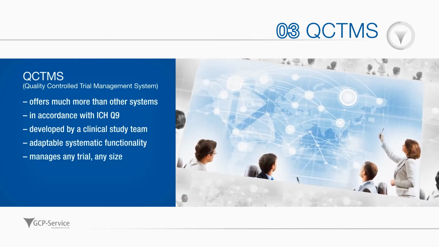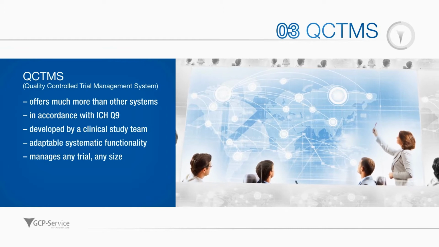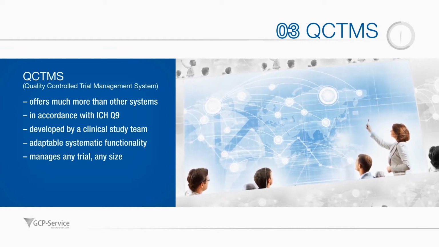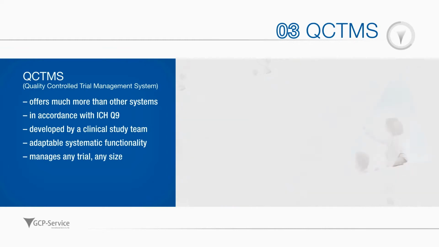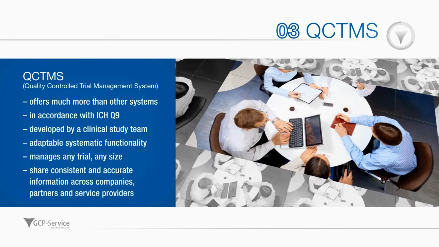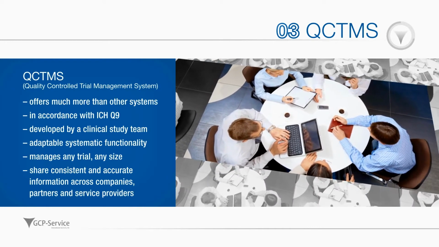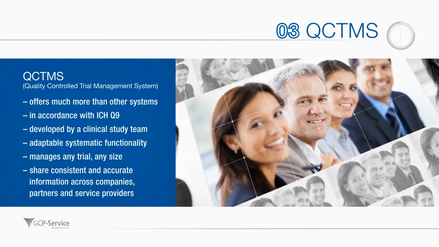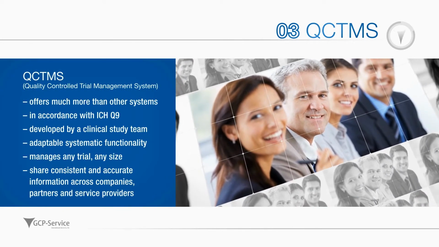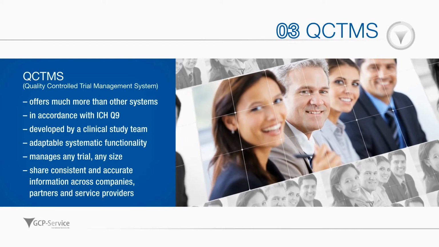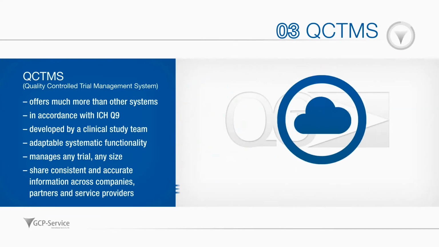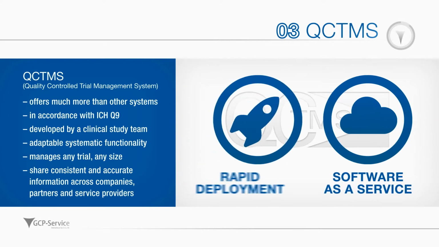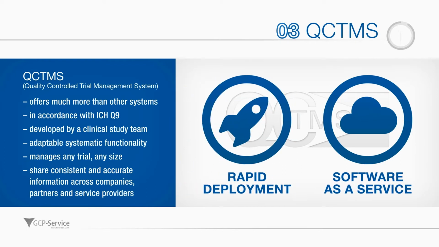The system is capable of managing any trial regardless of its complexity and supports organizations of any size and global reach. Containing all operational trial data, Qctms allows consistent and accurate information to be shared across companies, partners, and service providers, thereby facilitating timely and informed decision-making. Qctms is available as an on-demand software-as-a-service application, enabling customers to enjoy rapid and flexible deployment of our clinical trial management system solution.